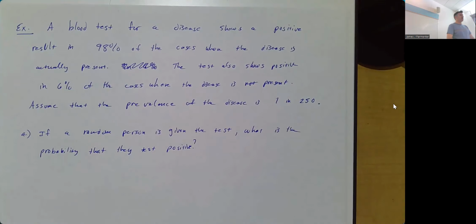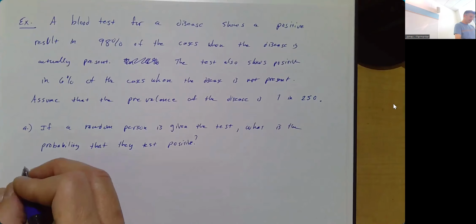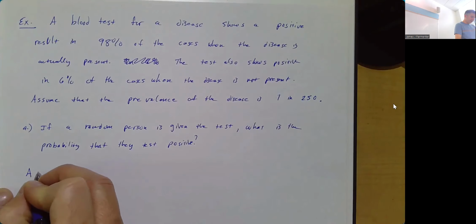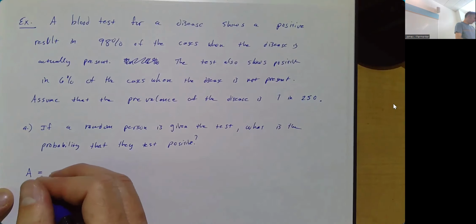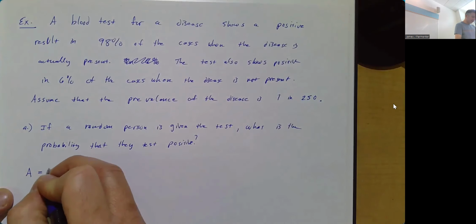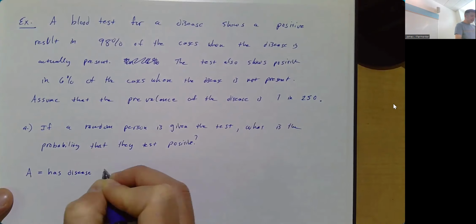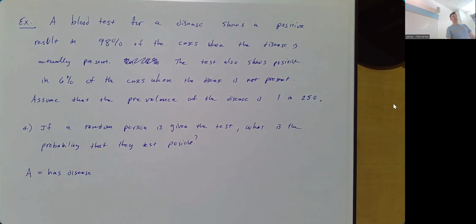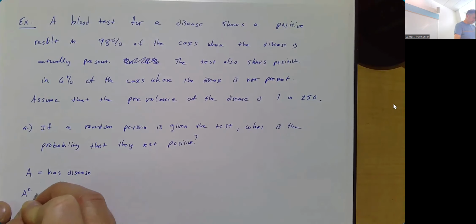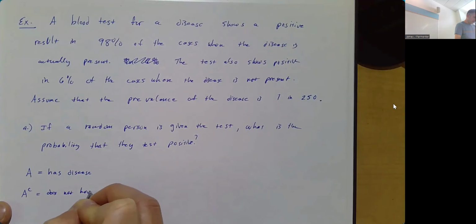Okay, so let's write down a few things before we try to answer this question. So I'm going to say that A is the event of having the disease. And instead of saying B is not having the disease, we should say that A complement is not having the disease.